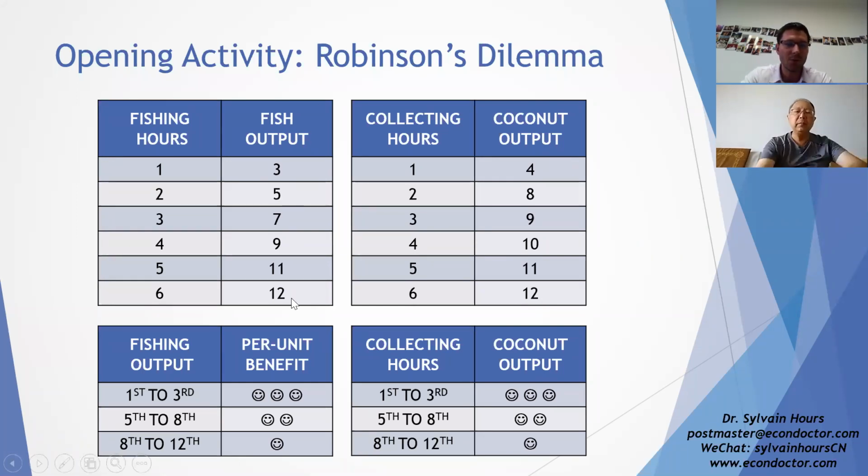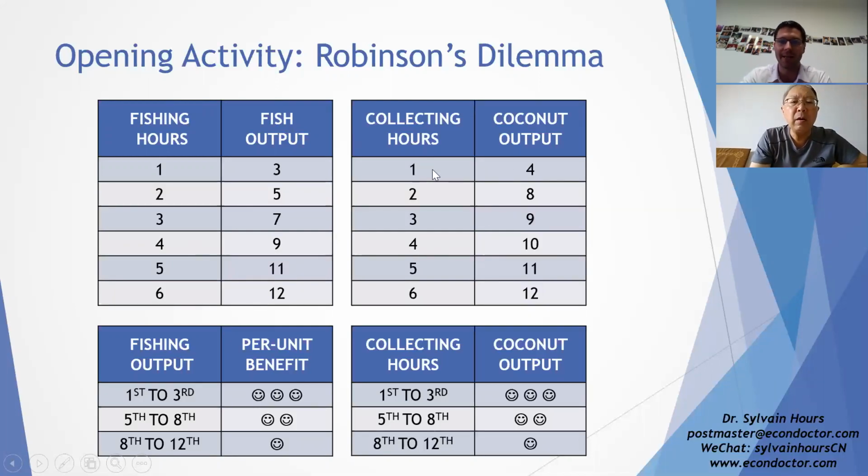On the other hand, you see that we have an increasing opportunity cost, because you see that, for example, the first hour that I allocate to catching fish, I can catch 3 fishes, but then the second hour, only 2, third hour, 2, fourth hour, 2, fifth hour, 2, and sixth hour, just 1. So we have an increasing opportunity cost when we choose to catch fish, and the same thing goes for coconuts.